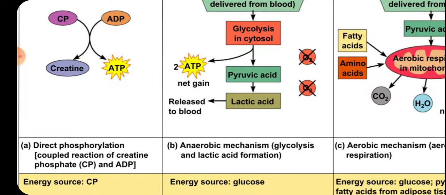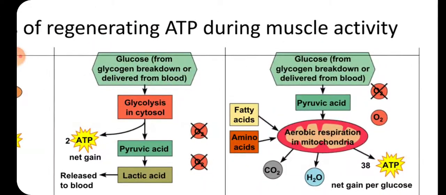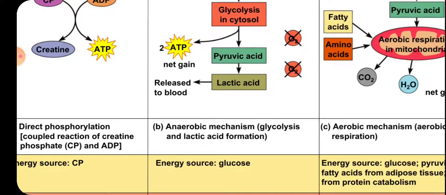This is again changed to pyruvic acid, which changes to lactic acid, and here no oxygen is required as shown in the figure. This is an anaerobic mechanism. Glycolysis and lactic acid formation takes place by the anaerobic method.